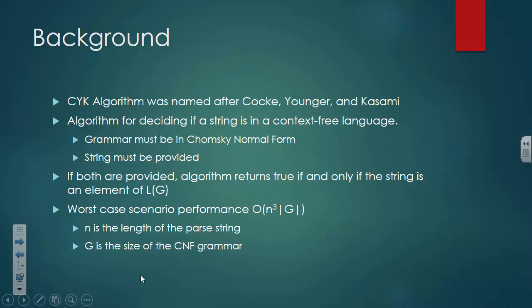Worst case performance is O(n cubed times g), where n is the length of the parsing string, and g is the size of the Chomsky normal form grammar. But since it's O(n cubed) times a linear factor, the linear factor can be ignored, and it's just n cubed.